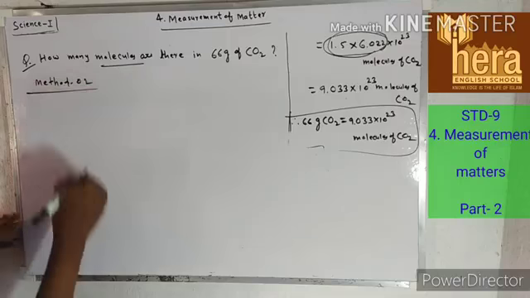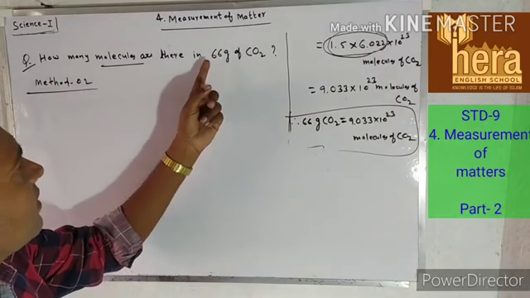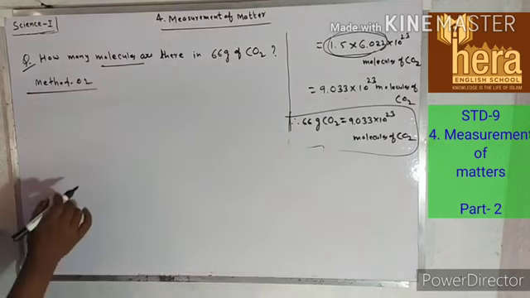Method 2. First of all, find the number of moles in 66 gram of CO2. There is one formula.